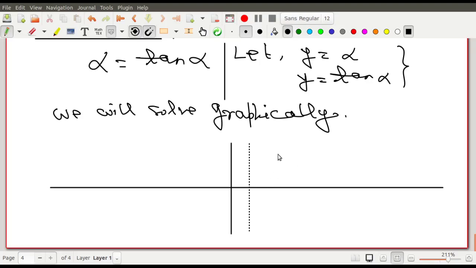This is pi by 2 and then I need to take pi. This one is my pi. Again 3 pi by 2, 2 pi, 5 pi by 2, okay.